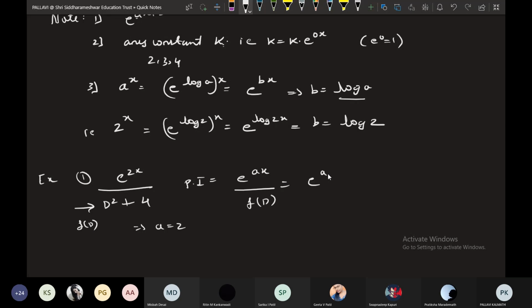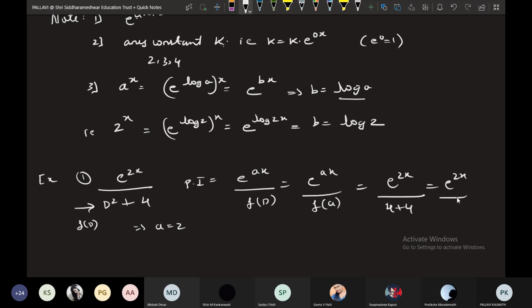In f of d, instead of d, you write the value of a. So the particular integral is e raised to 2x upon, instead of d, the value of a. a is 2, but you have d squared, so it is 2 squared, which is 4, plus 4.